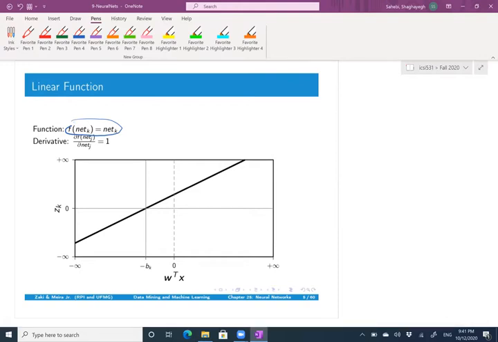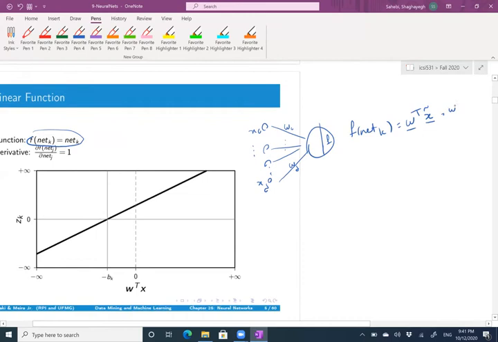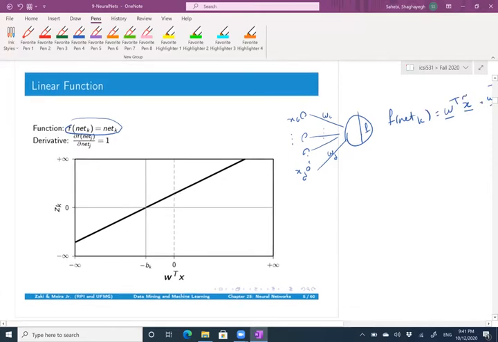So basically, if I have my input x0 until xd, and they are all going into the neuron, and I have these w's, and f, basically our output, or f of net k, in this case, is going to be equal to w transpose x, for the augmented x, or w transpose x plus b for the non-augmented case, right?